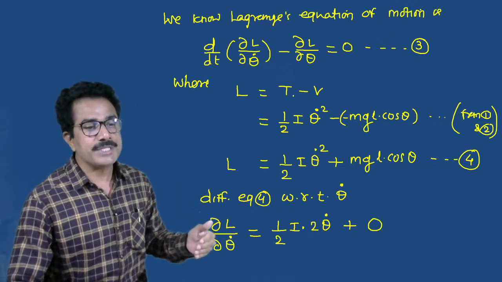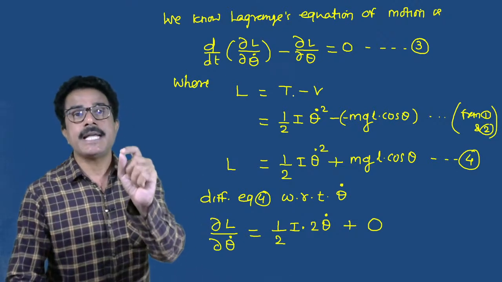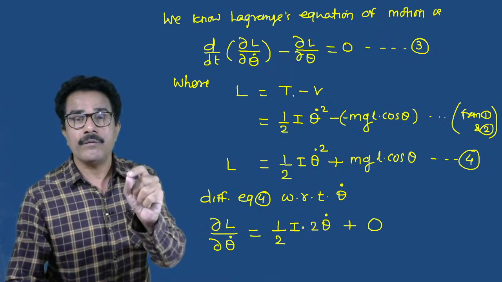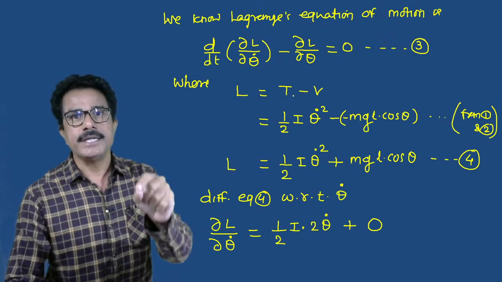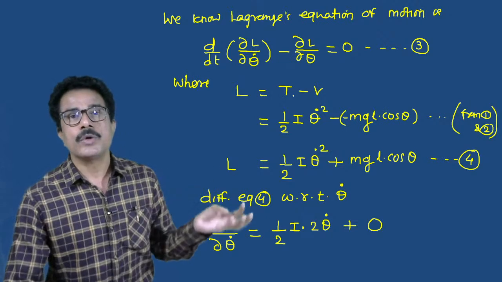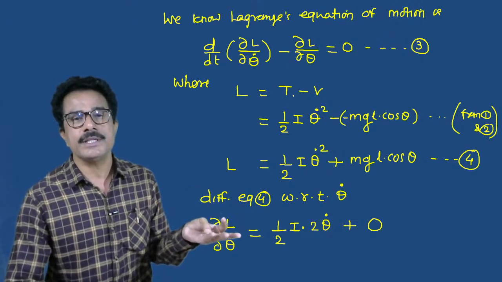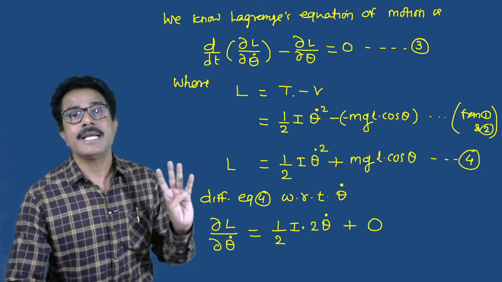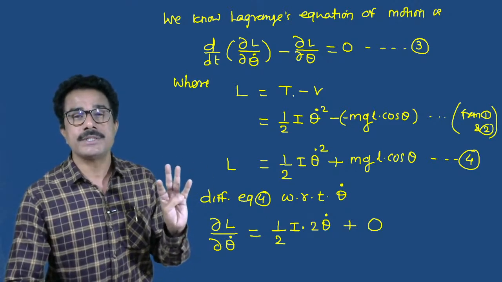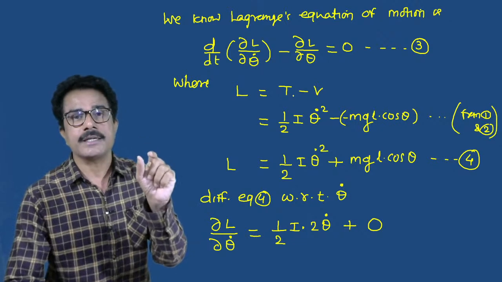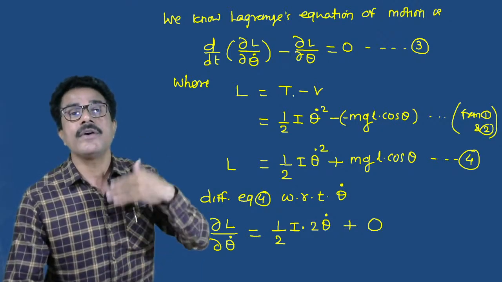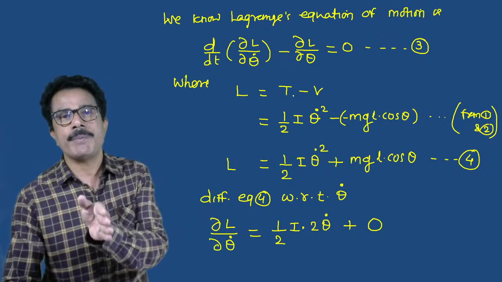In that mgl cos theta, theta is a variable. Now in this case, theta is a variable. So m is in the product with theta, g is also in the product with theta, L is also in the product with theta. So they are considered constant coefficients with respect to theta.